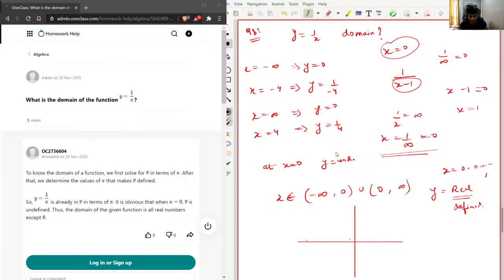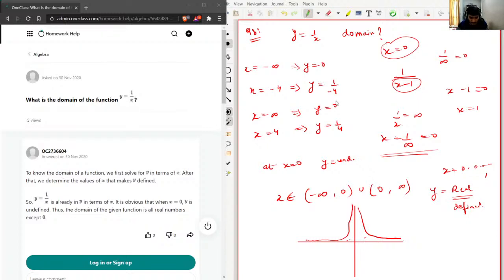And for x equal to 0, y is not defined, and this is touching 0. For x equal to infinity, y is 0. So it should be something like this. I guess this should be the graph of y equal to 1 over x.